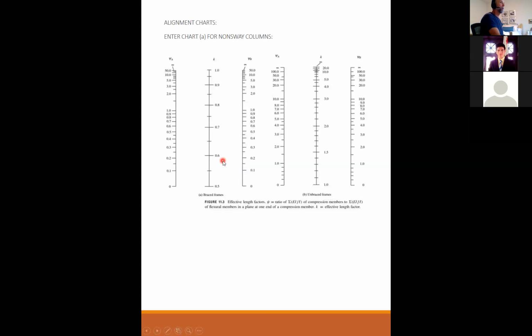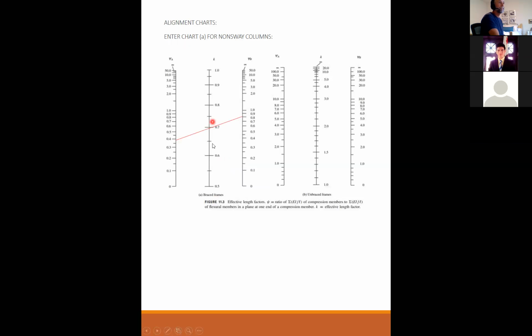Okay, so now as I defined my problem, the problem is an unbraced column. I'm sorry, did I just say unbraced? It's a braced frame. So I use this half of the chart for my braced frames. And I plot the 0.386 that I got here, and I plot the 0.8 that I got here.